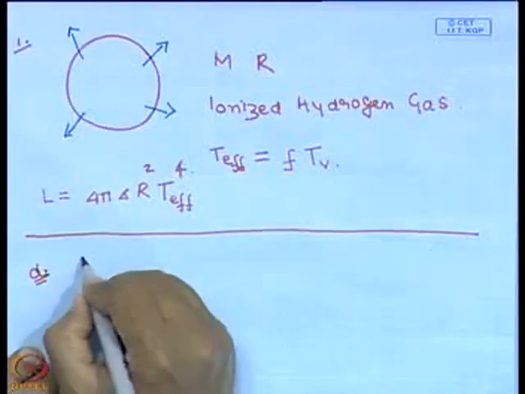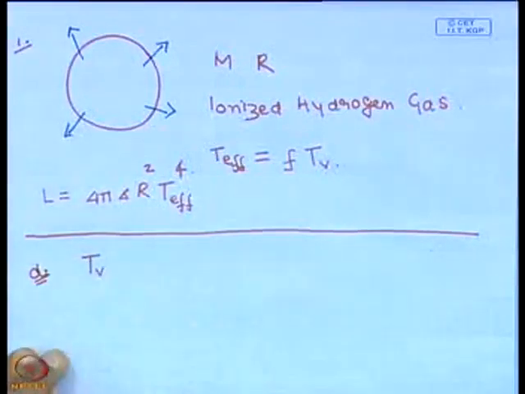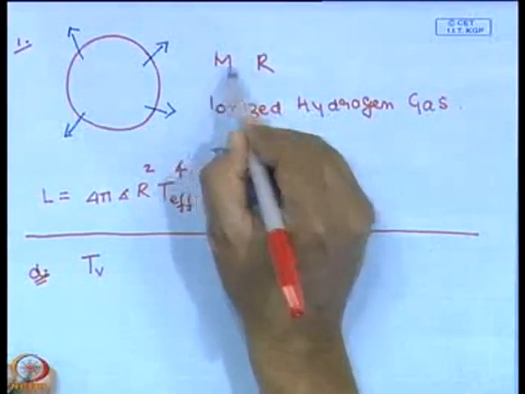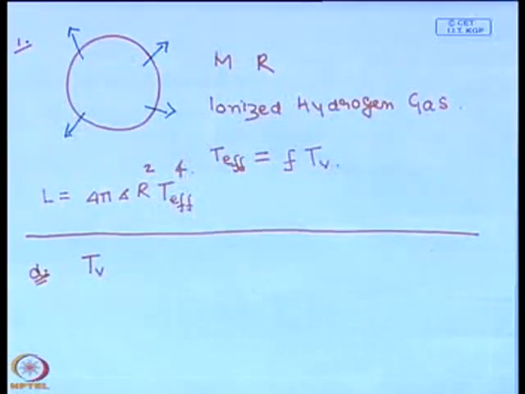So, the virial temperature Tv, and how does this scale with the mass of the object and the radius of the object? Okay. Now, let us address this question.